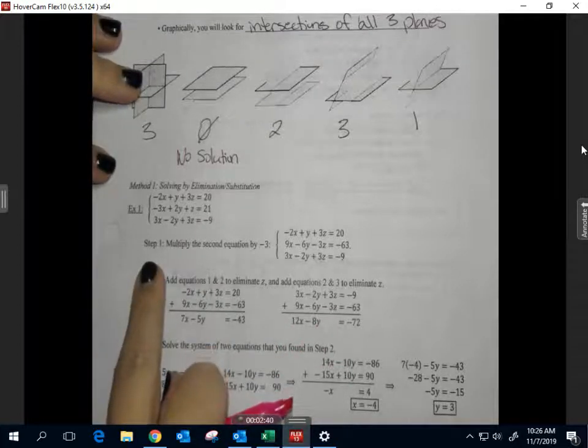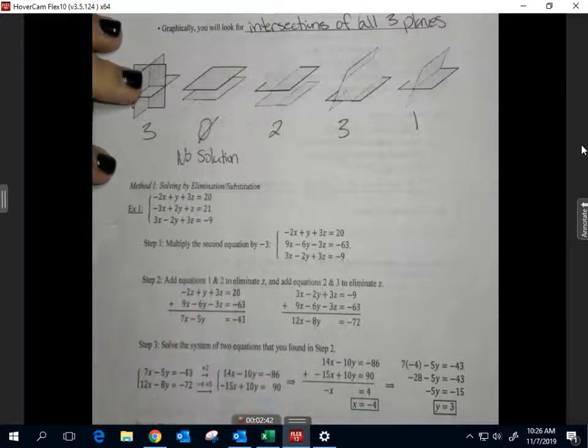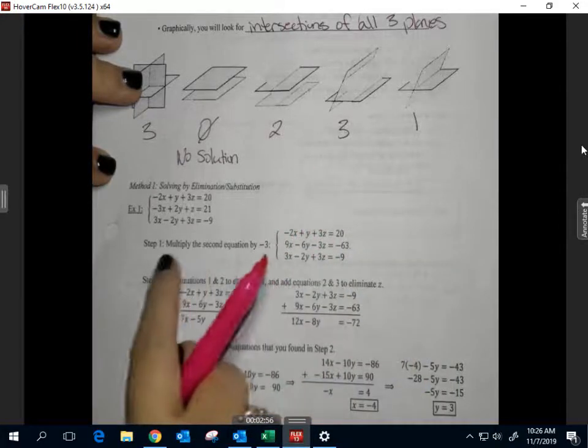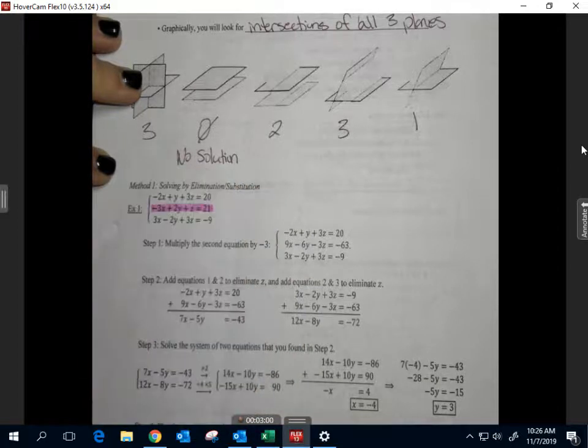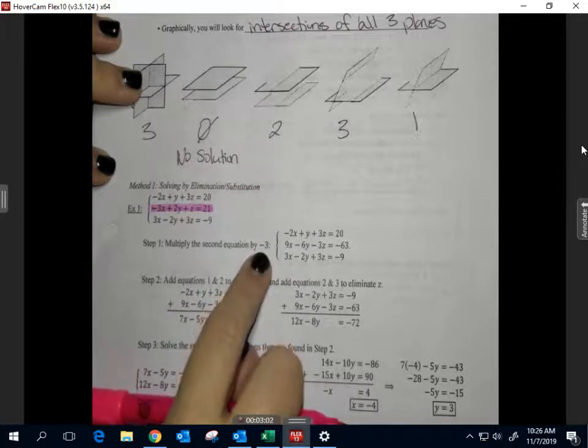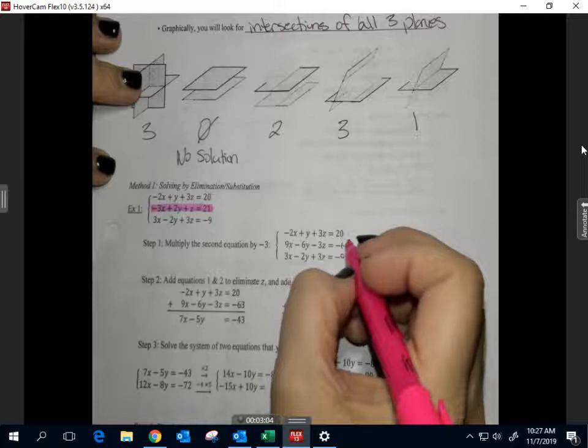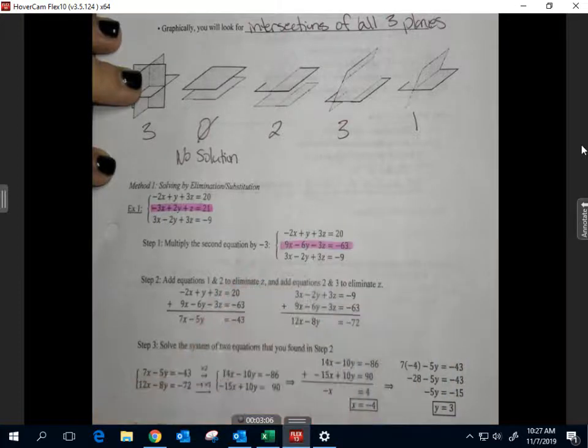The first step, they take one of the equations and multiply it by something, so when you add it to the other two equations, it eliminates. So we're trying to eliminate one of the three variables. In this case, they're taking the second equation and multiplying it by -3. And this is the result right here. Okay?